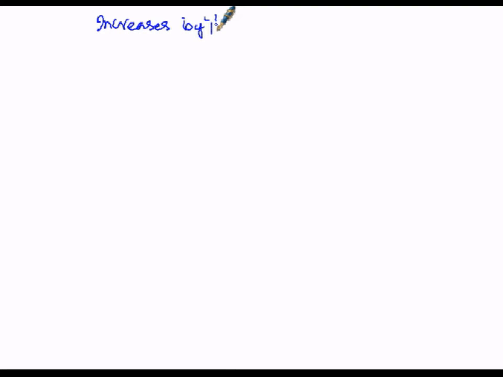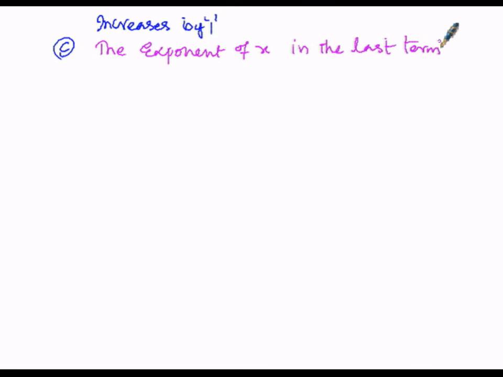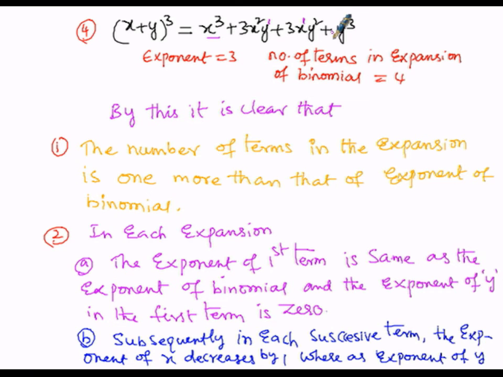So similarly, the exponent of x in the last term will be 0. As per the condition we got, x to the power of 0, so x is missing; it is x to the power of 1 in the third term and x to the power of 0 in the last term.